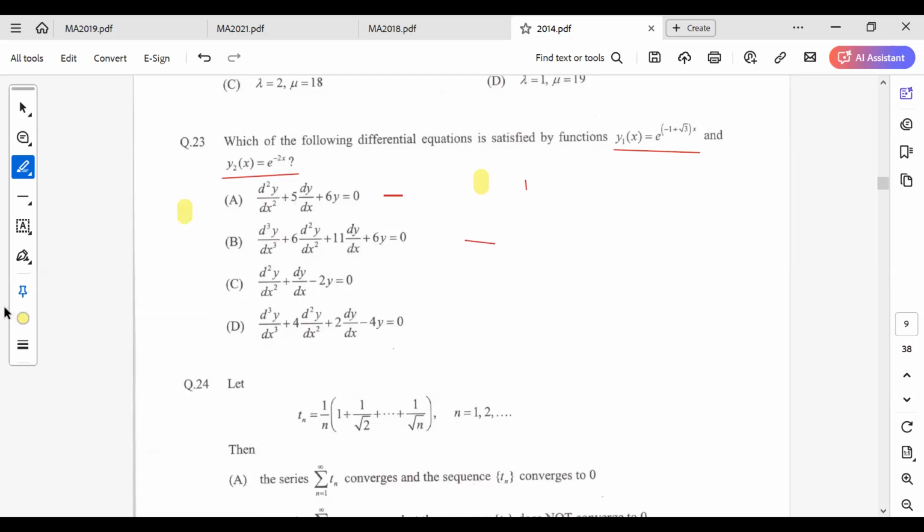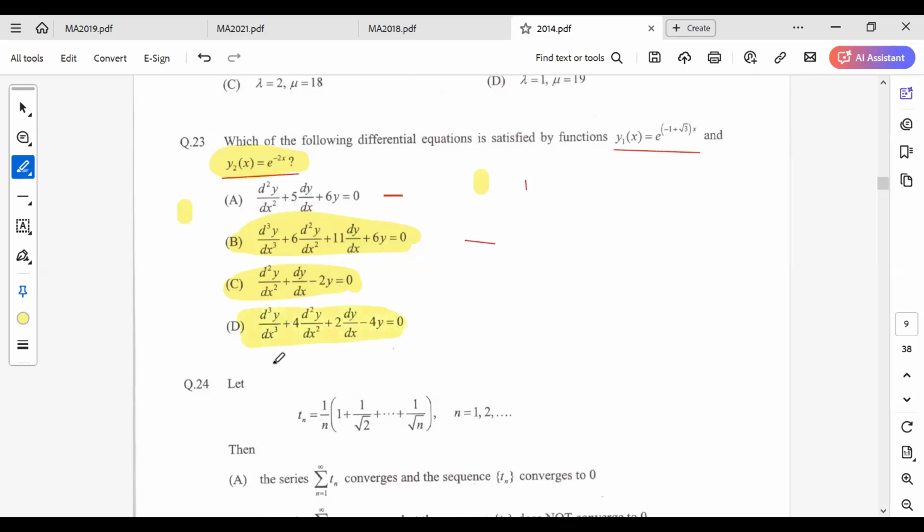-3, -2. Please see. One thing is here. What are the roots of this equation? -1, 2, and 3. Yes. What about this? 1 and -2. 1 and -2.